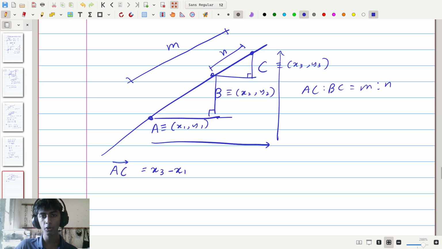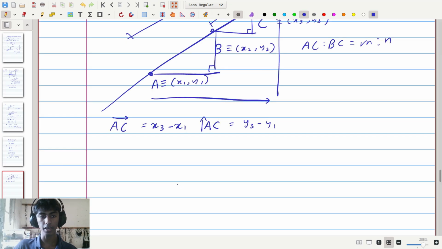Because horizontally, if we find the point that's over here, these two would have the same y-coordinate, just that they have different x-coordinates. The vertical distance AC, which I'm going to denote like this, is going to be y3 minus y1.